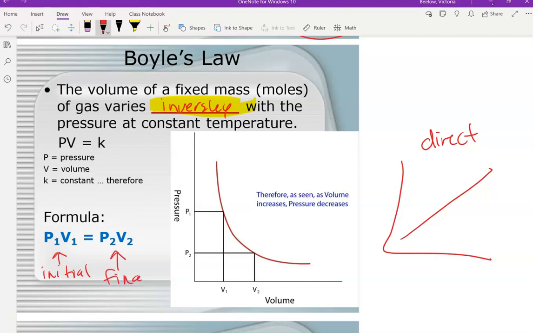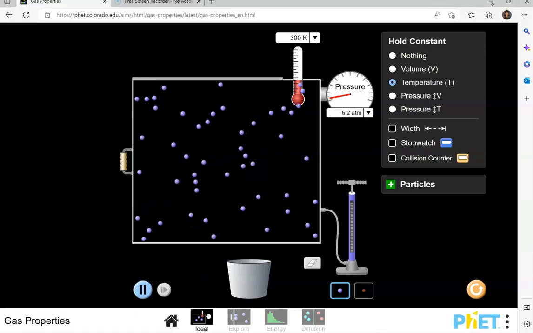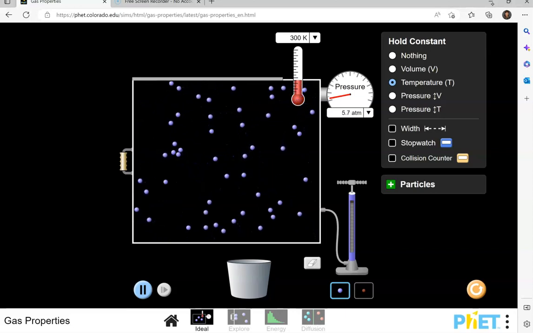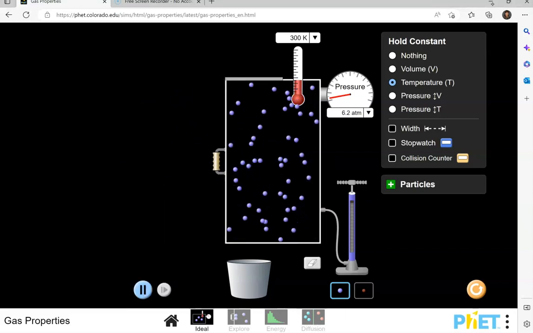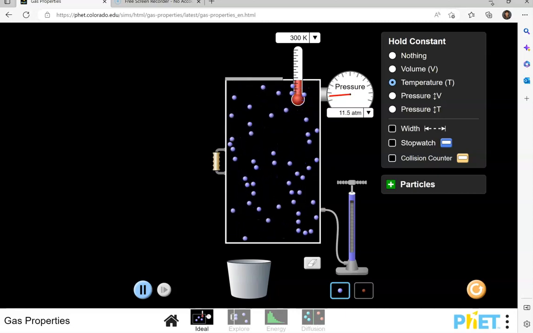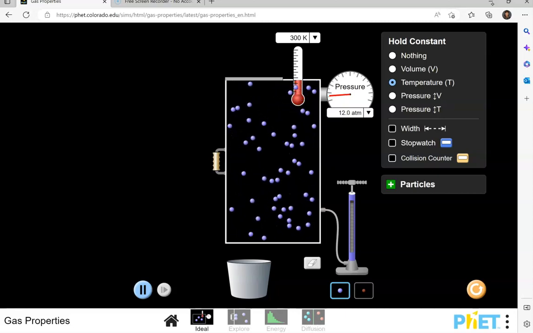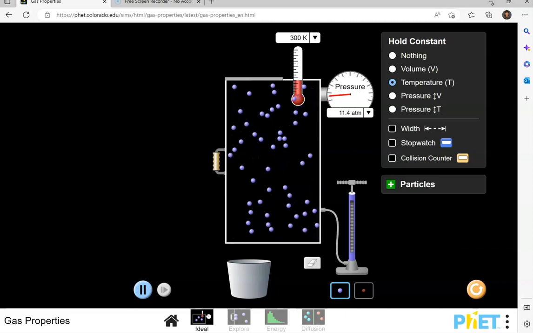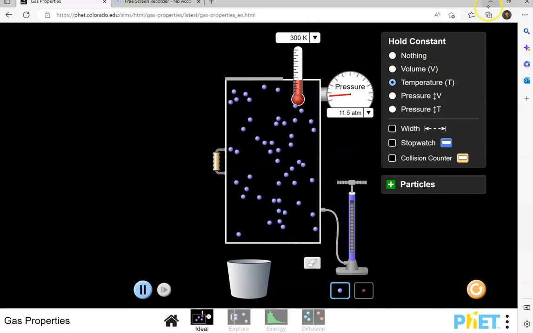P2V2, this is the final pressure and volume. So this is after there's been some type of change. If I'm going back to the simulation here, this would be my initial situation, and then let's say I do this. Now my pressure would be closer to 12 atm, and my volume would be much smaller than what we started with.